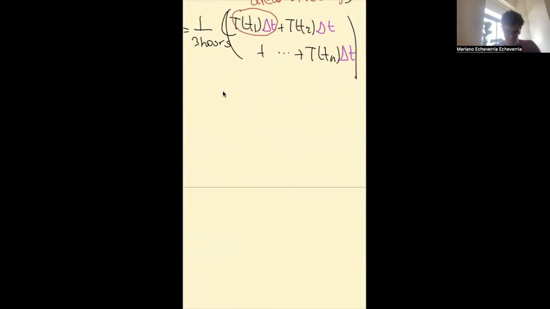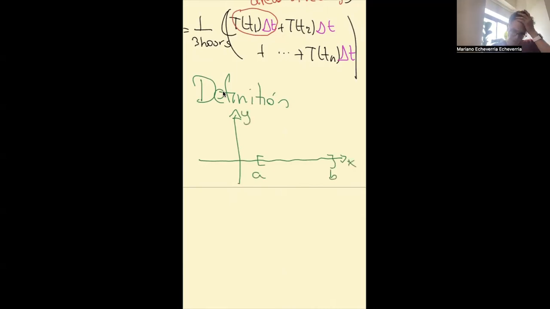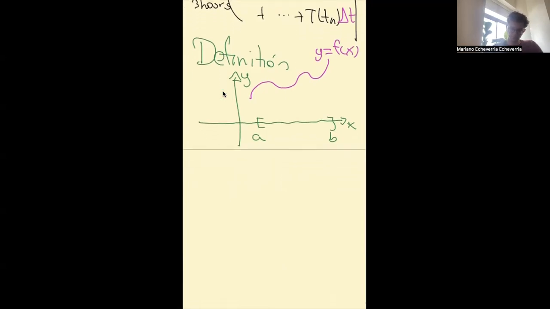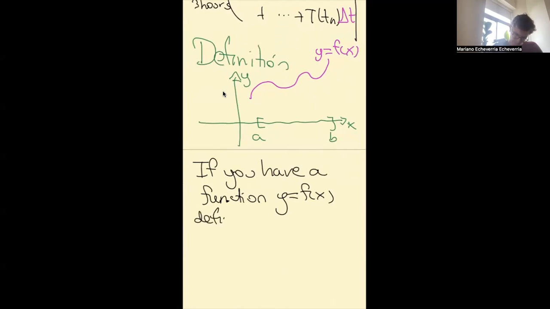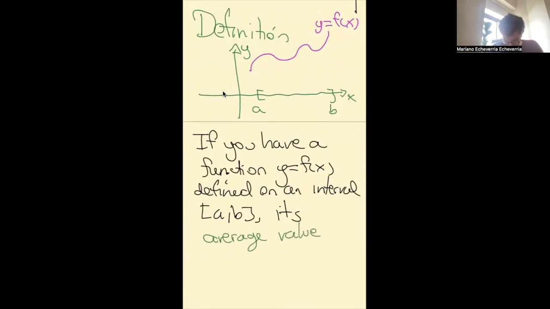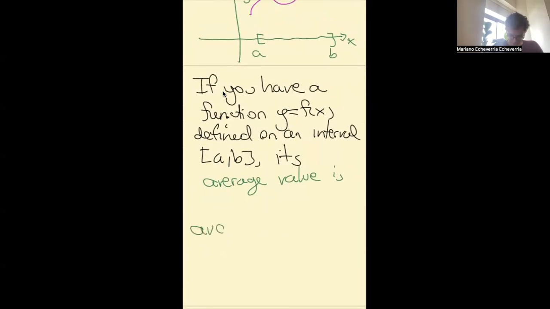So let me give you the definition finally. If you have a function of one variable, y equals f of x defined on an interval a, b, its average value, let's write it like this.